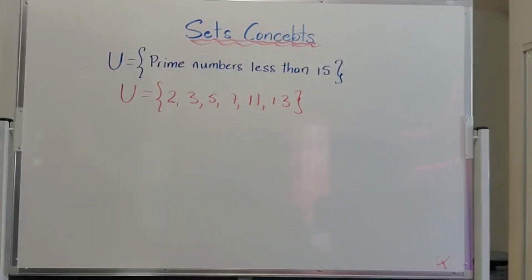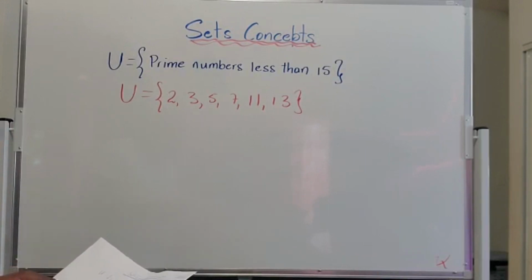So in listing the universal set, we can see that all elements within the universal set are 2, 3, 5, 7, 11 and 13. Those are the elements that made up that universal set. Now I'm going to be listing a few sets that we are going to use to work, and what we refer to as subsets.